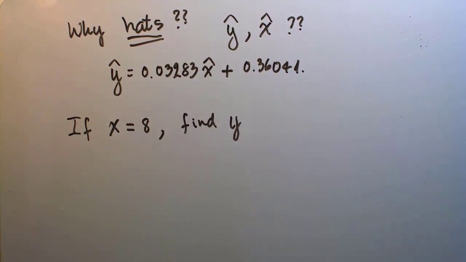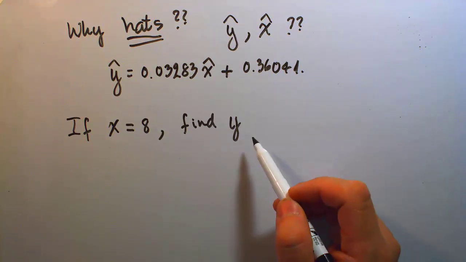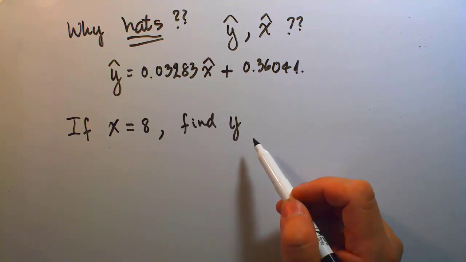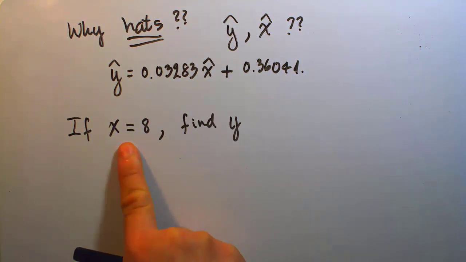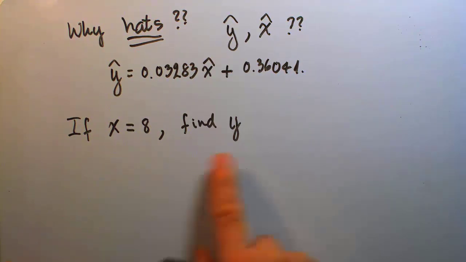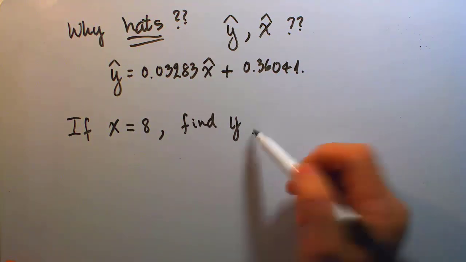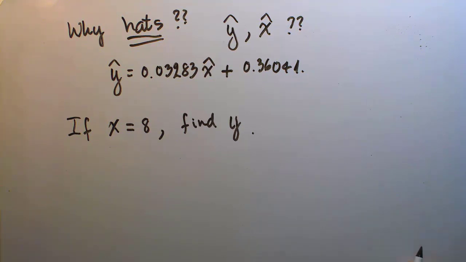A lot of times, think about the side of the person who asked. They don't really need to get too detailed for you. They just simply say, hey, here you go, x equals 8, find a y value. Answering this question, and by the way, hopefully you can pause the video a little bit to have one more look into the data that we have on my Microsoft Excel here.